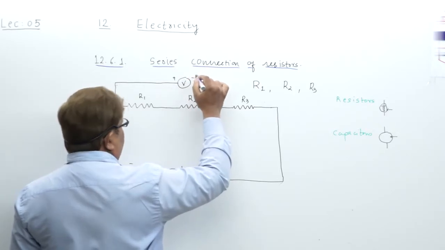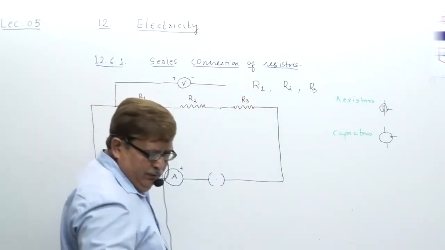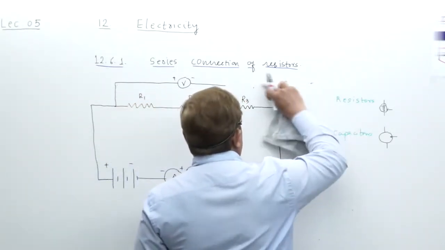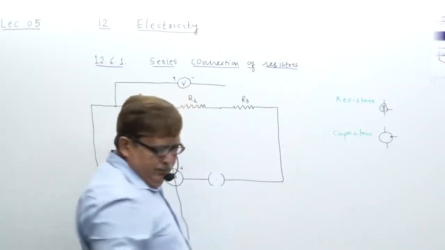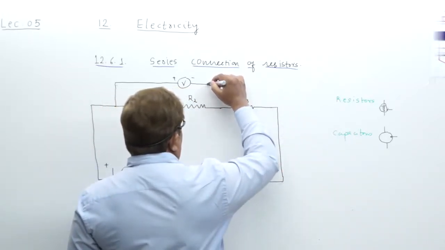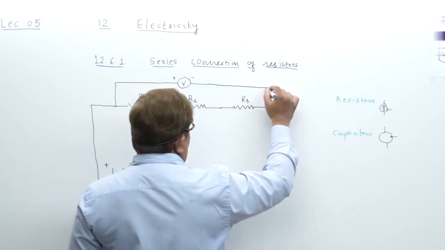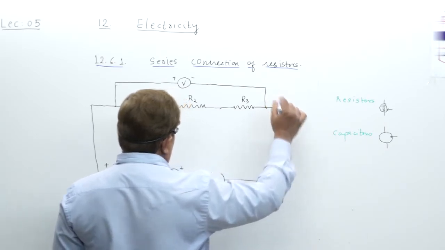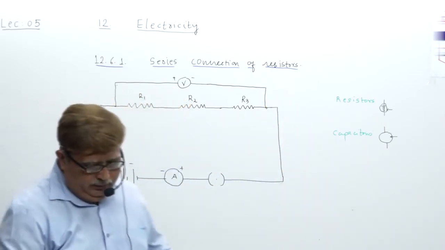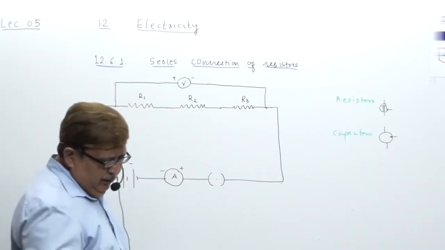Plus, minus. It is always connected in parallel connection. This is the voltmeter. So this is actually the diagram of series connection of resistors.